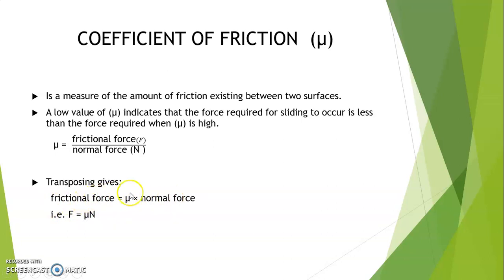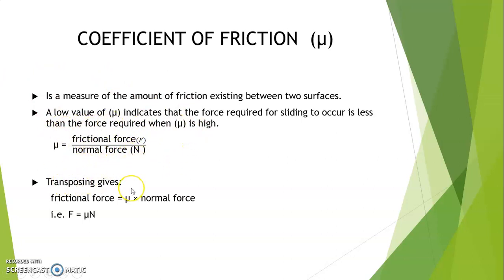From the laws of dry friction, we saw it is directly proportional to the normal force. When you get rid of the proportionality sign, you introduce a constant of proportionality, which is this coefficient of friction, into the equation, and you can make it the subject and come up with this expression for the coefficient of friction.